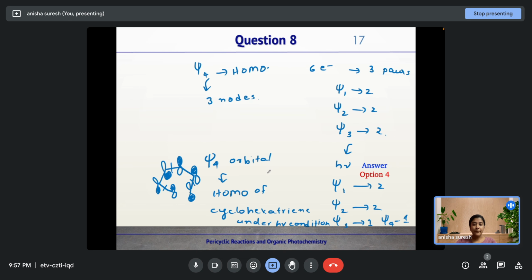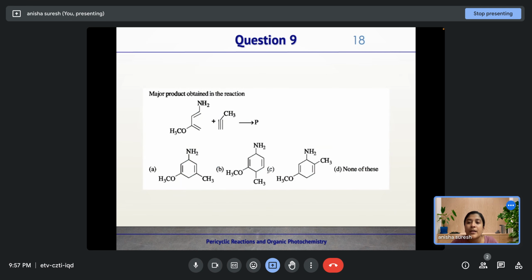Now coming to the next question. So here the major product obtained in the following reaction is. So this is the diene and this is the dienophile. So here the diene has an electron releasing group. So this will be the electron rich center, and here this is also an electron releasing group.